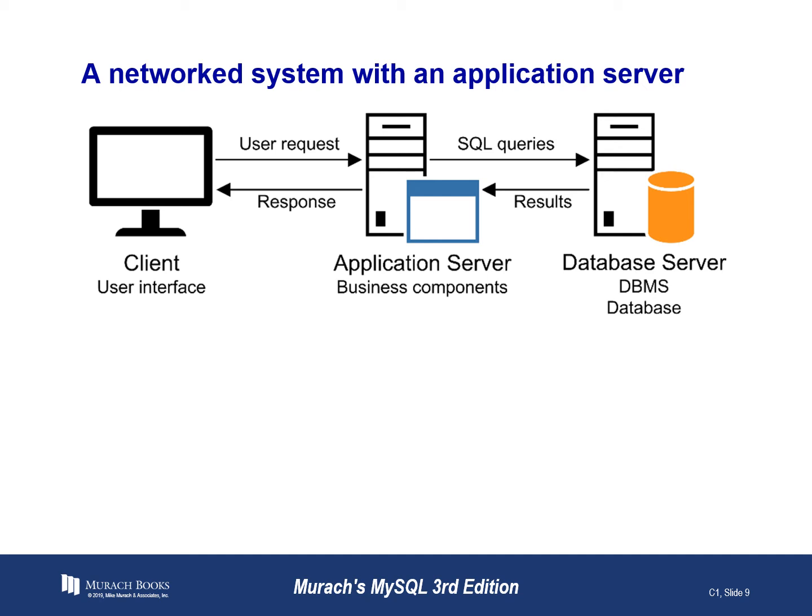Then the application server, which contains the business logic, for example, will construct the SQL query based upon the user's request and forward that to the database server. The database server will formulate the results of that query and pass it back to the application server, and then the application server might generate some sort of response based on those results, and that is what is returned to the client.